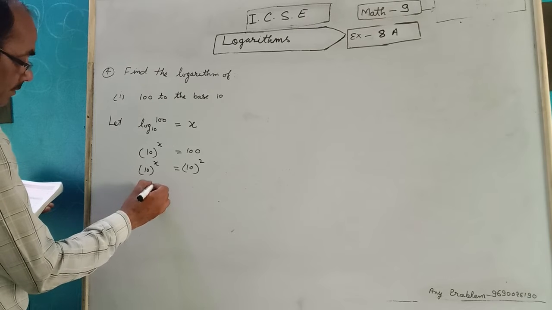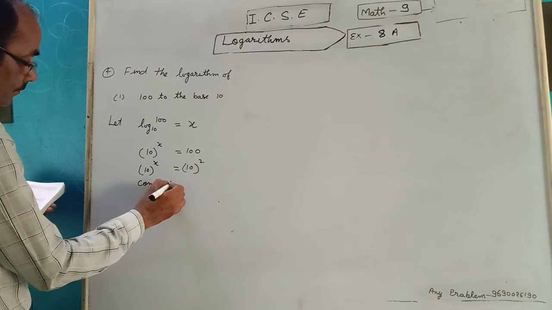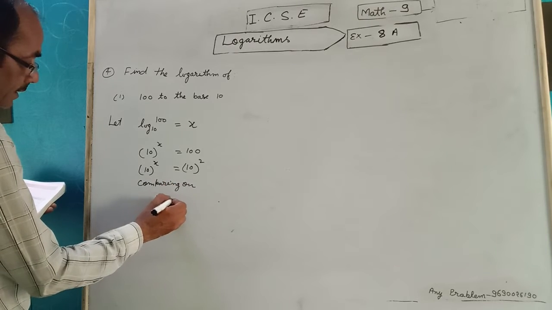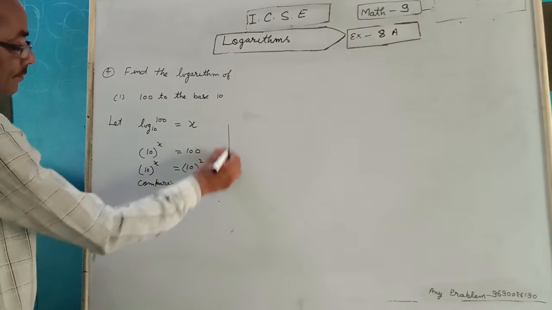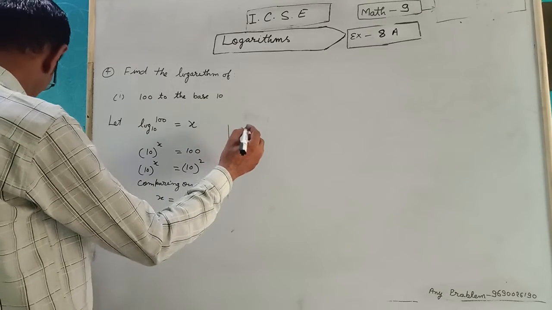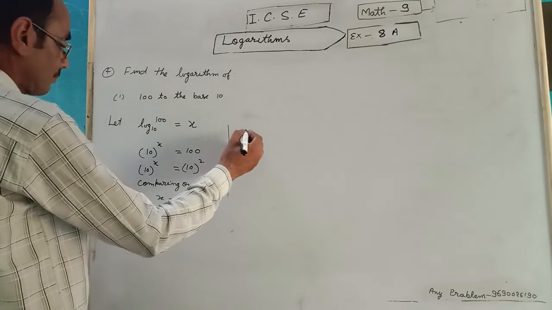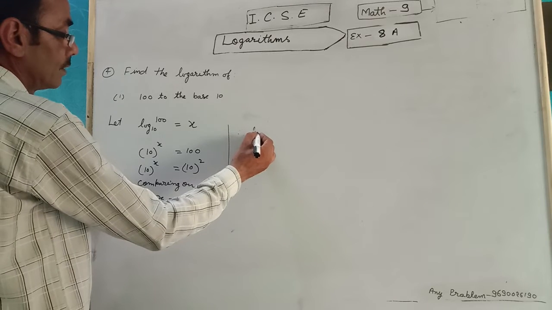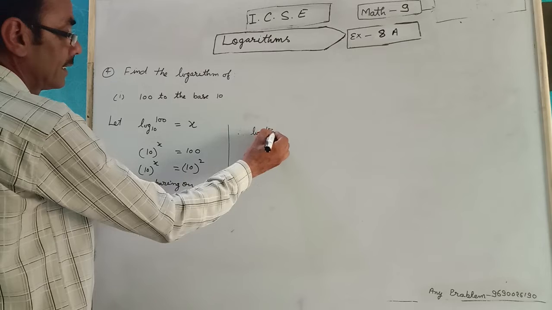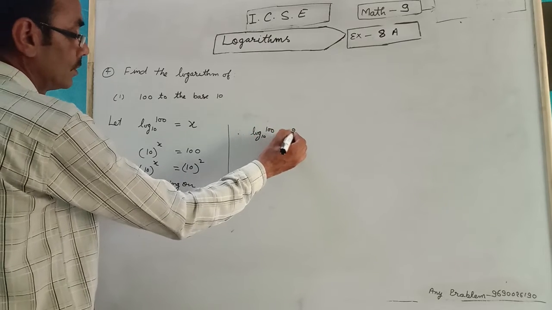Comparing, x is equal to 2, therefore value of log on 10 base 100 is equal to 2.